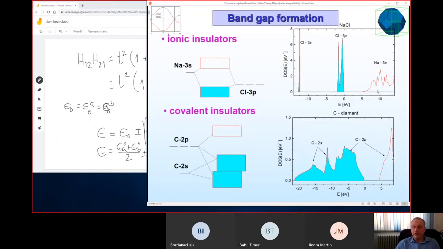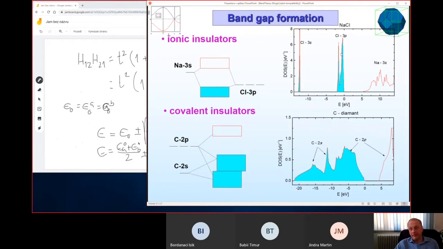This is already for 3 dimensions, and there is a big difference in energy, like 5 or 6 electron volts, between the 3s orbitals of sodium and 3p orbitals of chlorine. So we have a small transfer integral and a big difference in energies. So the bands, at least the valence bands, are relatively narrow and they are completely occupied.